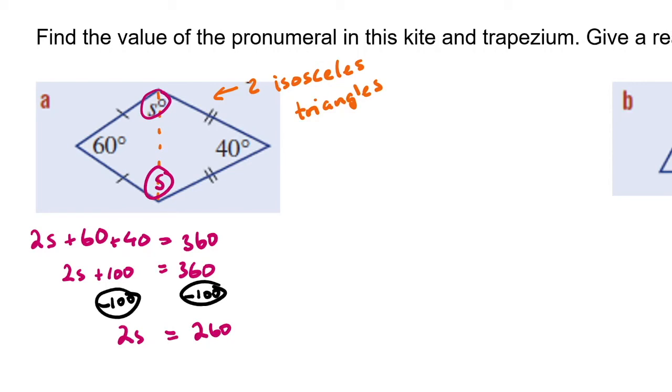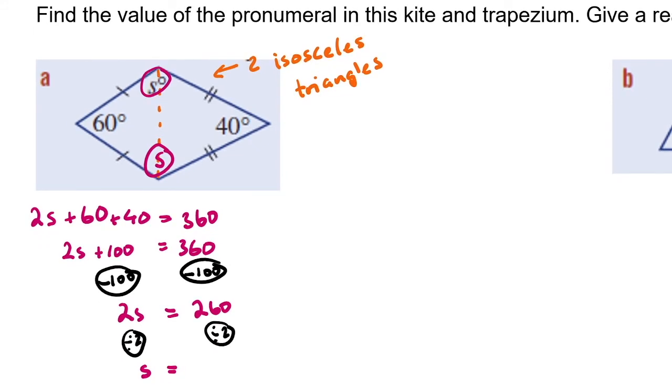One more step to do. We're going to divide by 2 now. And hopefully you are following on with your algebra skills. And S is now going to equal half of 260, which is 130. Okay, and our reason for all of that is we've still got the angle sum of a quadrilateral.